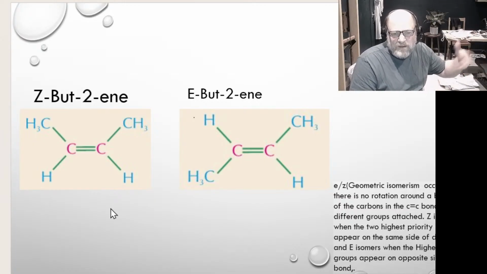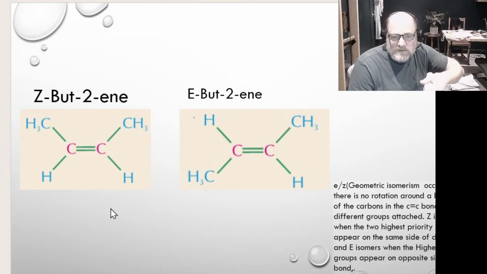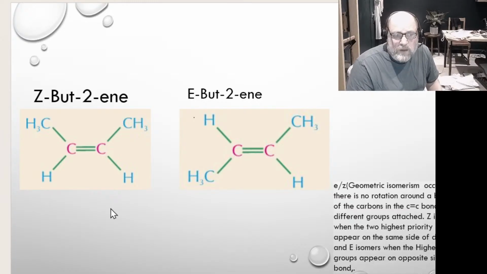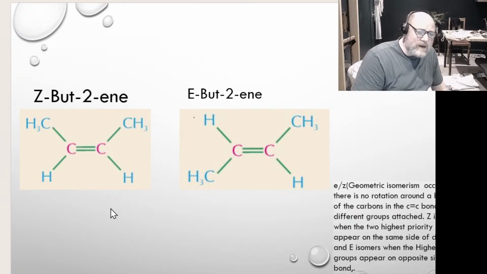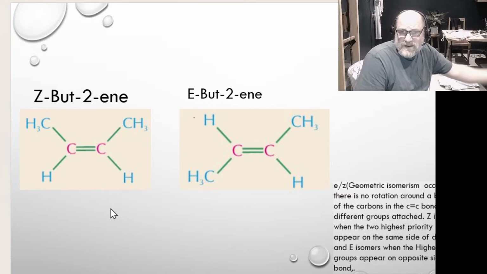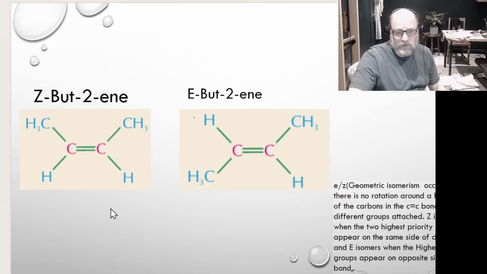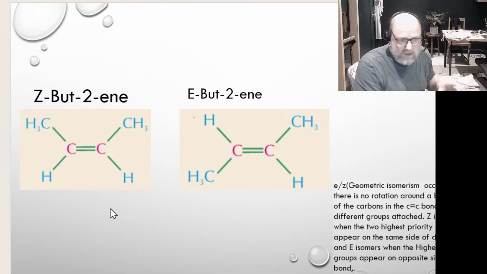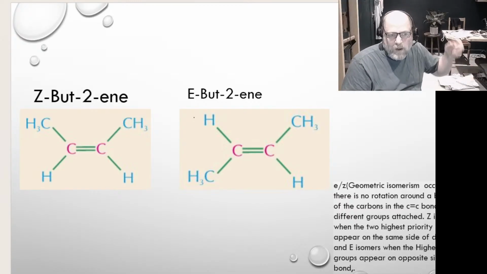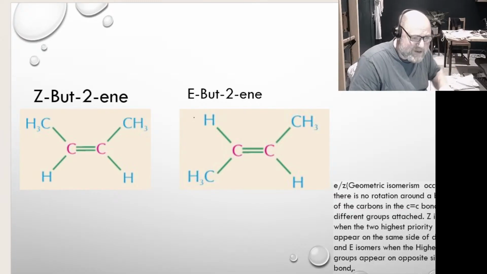So yeah, we can do that if you want, but let's get through the geometrical isomerism first, and then you could draw all the possible structures of butene. So you're going to have but-1-ene, and then you've got but-2-ene, you've got the E and the Z, and then maybe we can add a methyl group somewhere in the middle. We'll have a look at those in a second, but that's not what we're here for. We're here for the geometric isomerism, but we can delve into structural in a little bit.